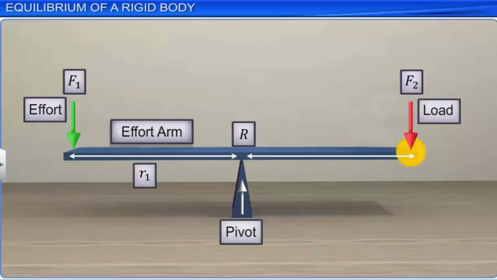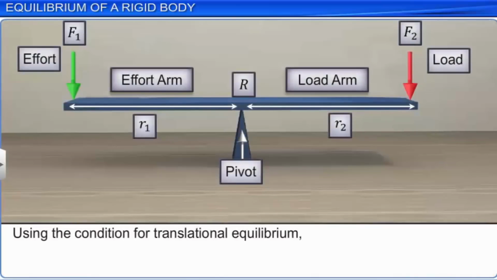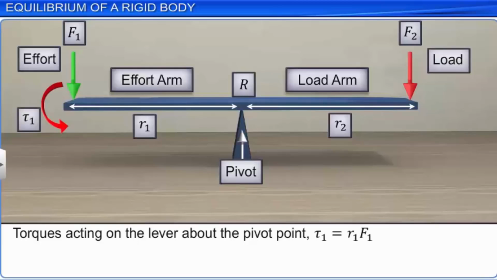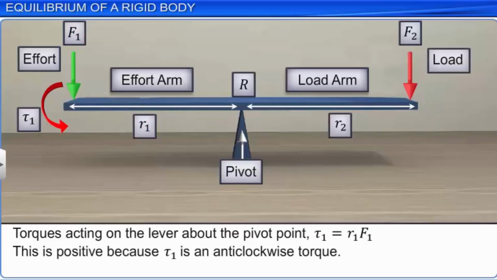The lever is in translational equilibrium. R minus F1 minus F2 is equal to 0. Equation 3. If we calculate the torques acting on the lever about the pivot point, we have tau 1 is equal to R1 F1. This is positive because tau 1 is an anticlockwise torque. tau 2 is equal to minus R2 F2. And tau 2 is negative because it is a clockwise torque.